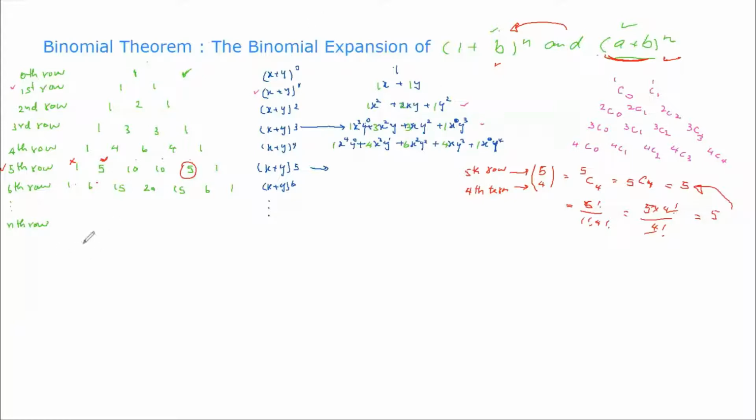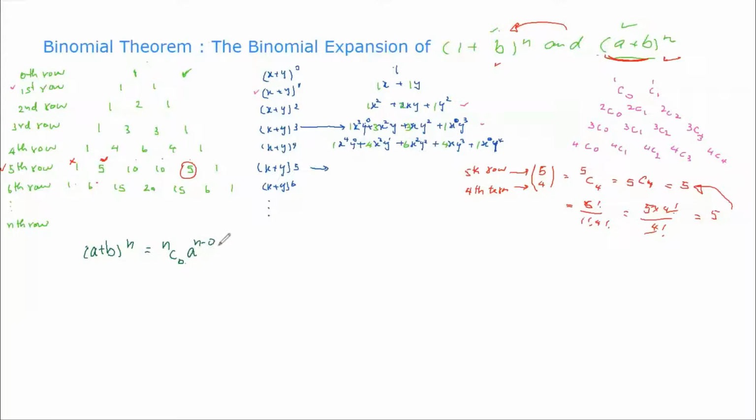The formula of the binomial theorem by expansion of this one is going to be, I write down, a plus b power n equal to nC0, start from 0, and then a power n minus 0, get from here n minus 0.